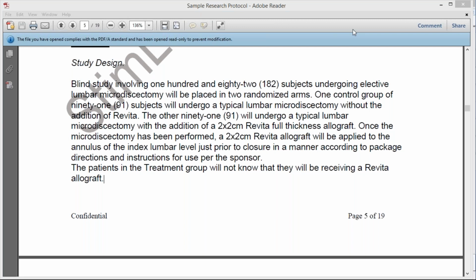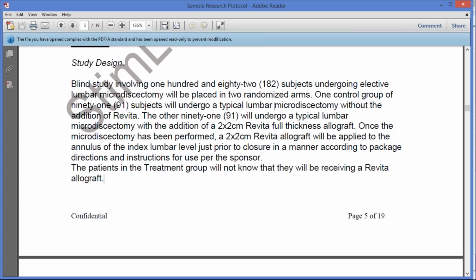But another 91 patients will be treated with the Revita. Okay, so this is the study design completely explained here.